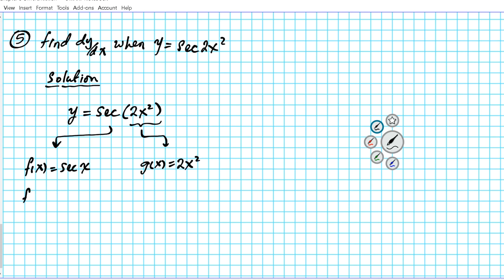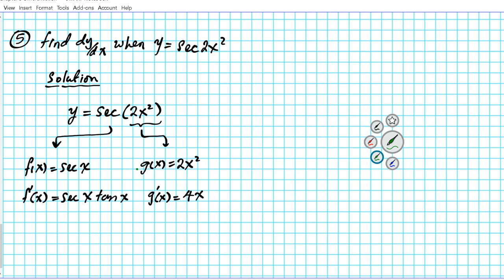Differentiate both of them. The derivative of secant is secant x tan x. And then the derivative of g is just going to be 4x. All right, so let's put it together using the chain rule.